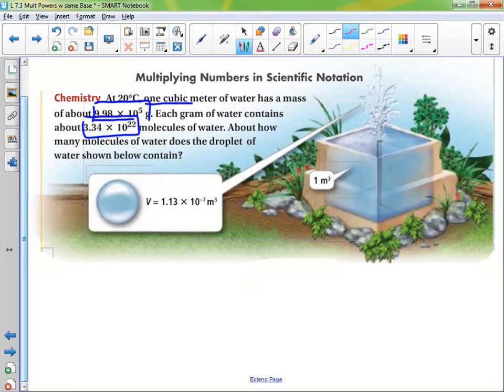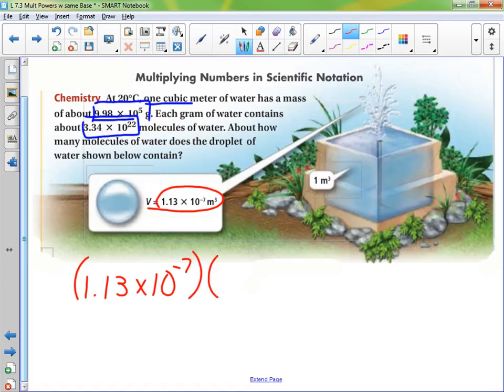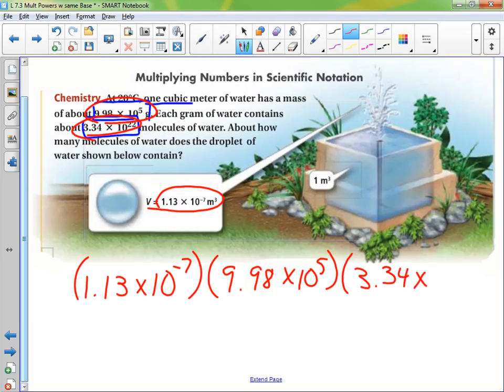Really, all you're going to do is take this number, 1.13 times 10 to the negative 7th, and multiply it by this number, 9.98 times 10 to the 5th, and then multiply it by this number, 3.34 times 10 to the 22nd.